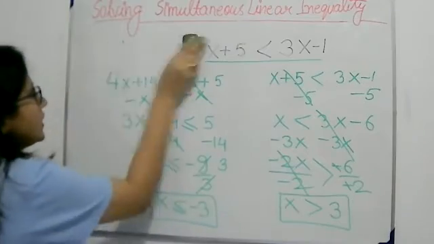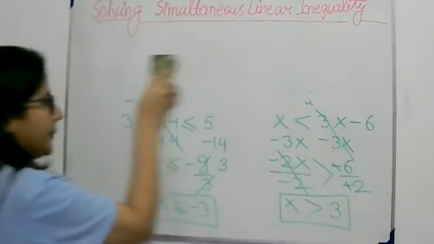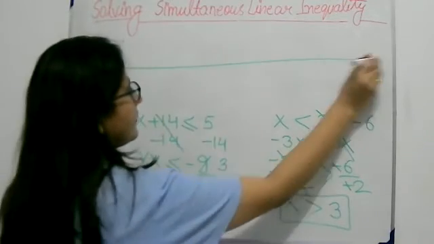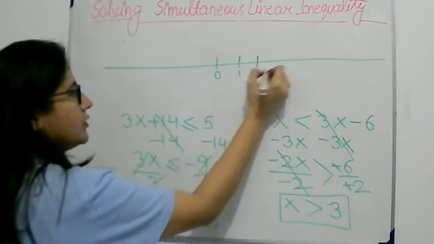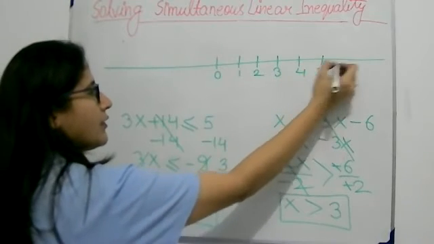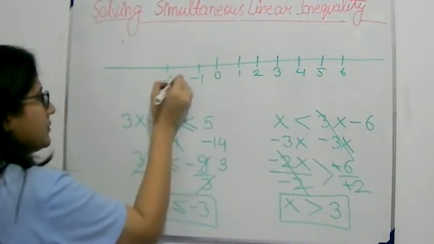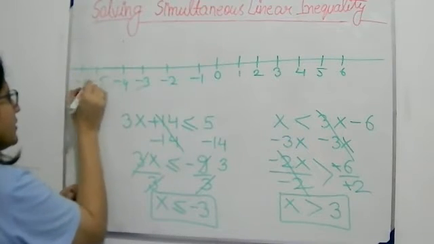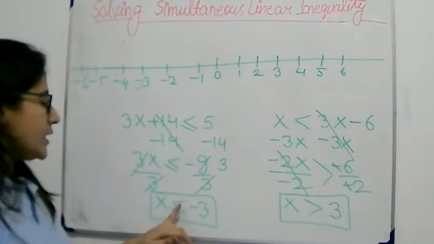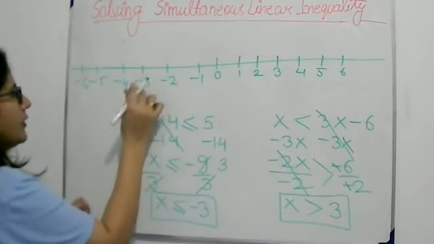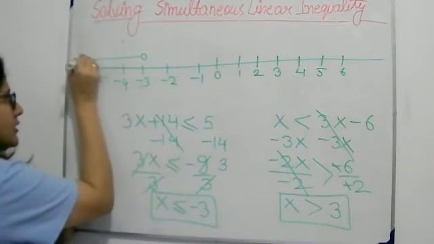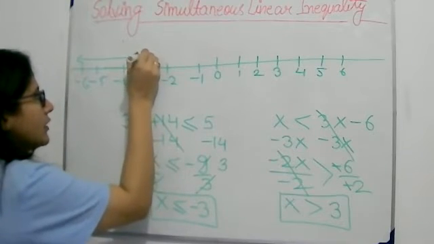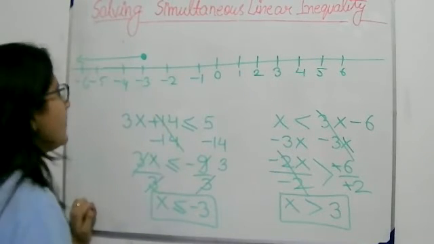For more clarification, just represent this on a number line. Zero, 1, 2, 3, 4, 5, 6, minus 1, minus 2, minus 3, minus 4, minus 5, minus 6. x is less than or equal to minus 3. It will go like this. Equal to sign also, so the circle will be filled.